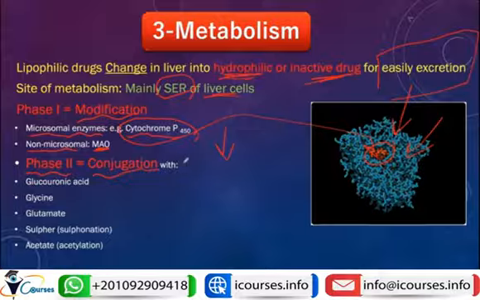On the other hand, other factors cause inhibition of these enzymes. They inhibit cytochrome P450, leading to inhibition of the metabolism and an increase in the drug concentration. These are called enzyme inhibitors.